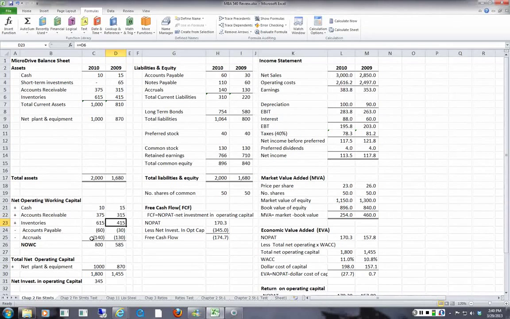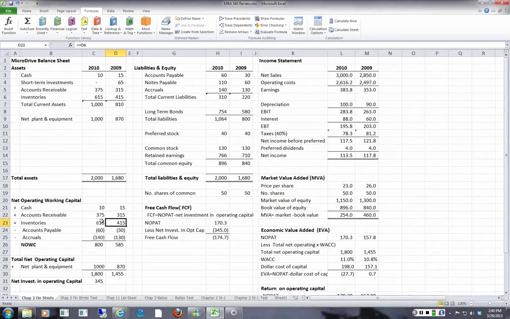And from those current assets, we deducted 60 accounts payable in 2010 and 30 in 2009. And then we deducted the accruals. We did not take out notes payable. So we come up with the net operating working capital of $800 for 2010 and $585 for 2009.